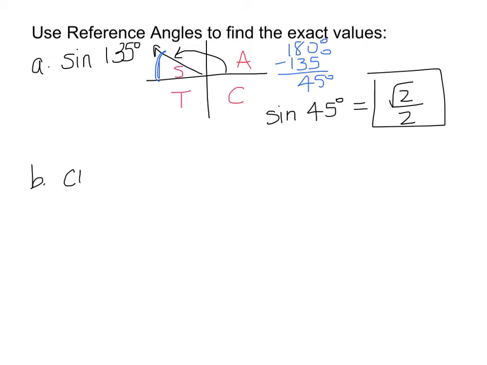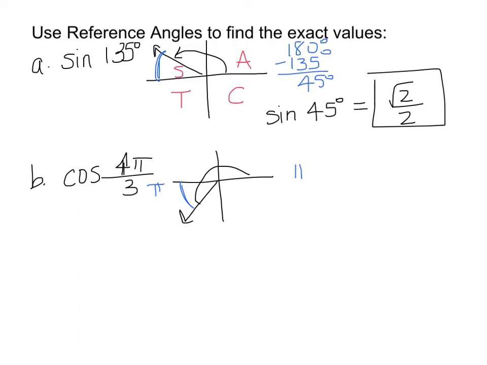Okay, in radians, we have cosine of 4 pi over 3. And we know that 4 pi over 3 lies in quadrant 3. So we need this reference angle, which is closer to pi. So you're going to do 4 pi over 3 minus pi.